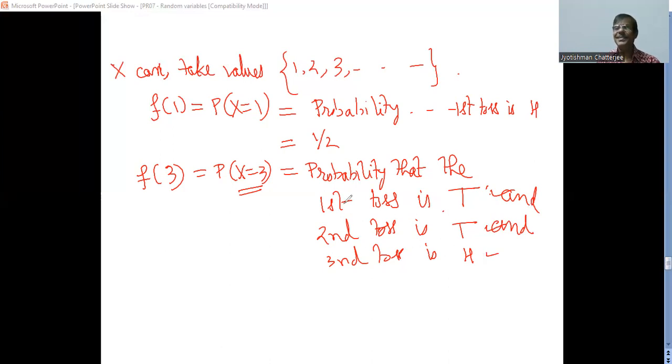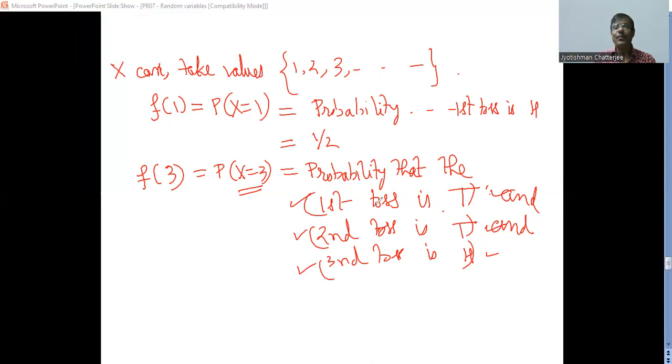Now look at this. These are 3 events, right? Now these 3 events are talking about 3 different tosses. And the tosses are independent of each other. They don't influence each other, right? So because they don't influence each other, these 3 events must be independent of each other.